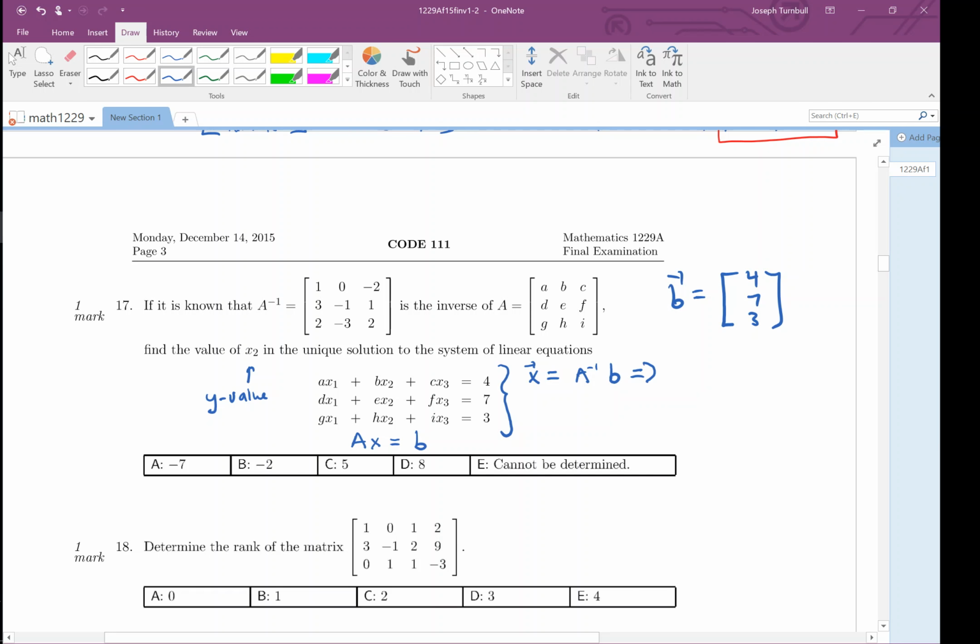So I'm going to write this out in a slightly different way again. Our vector x is x, y, z, which you could write as x1, x2, and x3 if you want. And then that's equal to A inverse, 1, 0, negative 2, 3, negative 1, 1, 2, negative 3, 2, and then multiplied by b, 4, 7, 3.